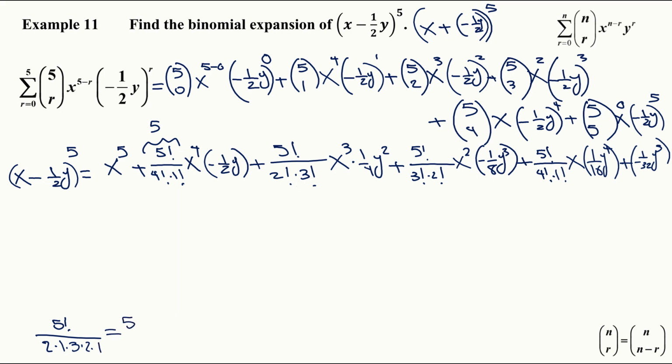So that's 5 times 4 times 3 factorial over 2 times 1 times 3 factorial. These cancel out. 20 over 2, 10. So this guy here is 10.